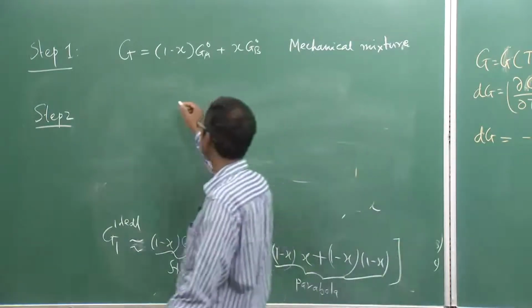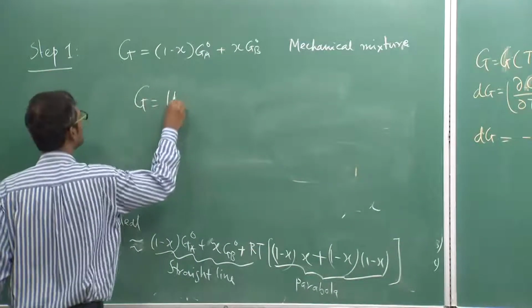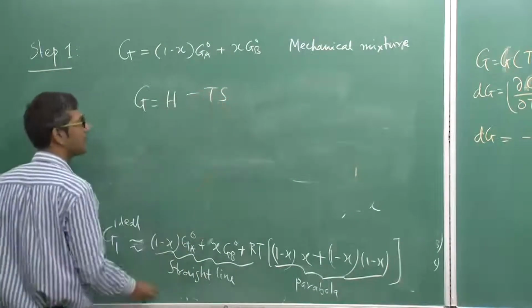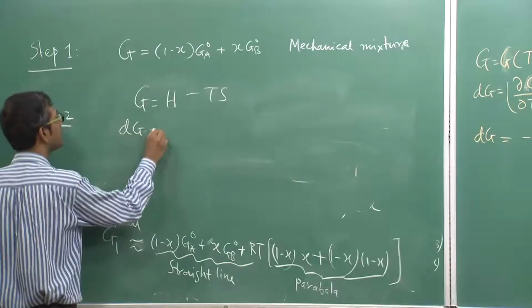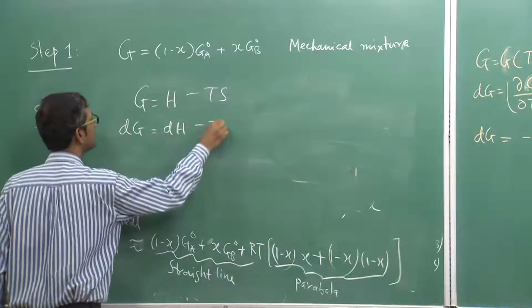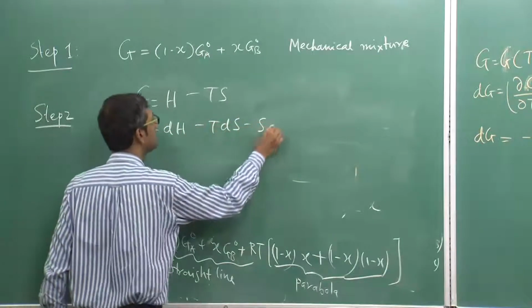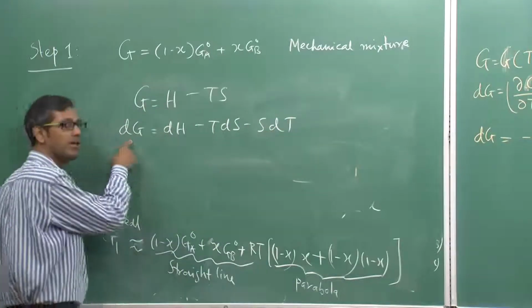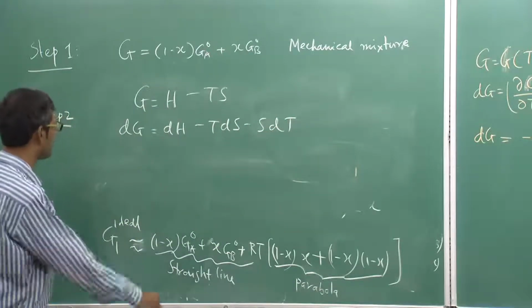We know that G is fundamentally given by H minus TS. So the total differential is dH minus TdS minus SdT. Remember, this is a total differential, not partial.